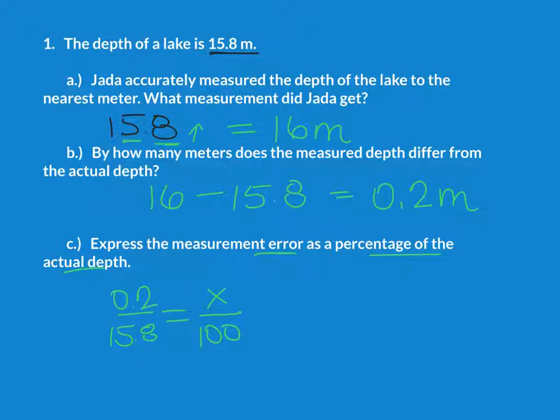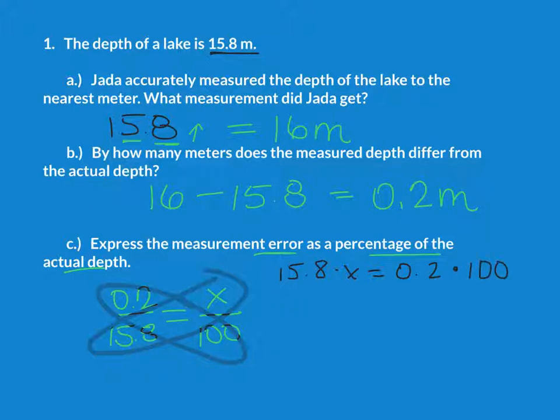So we know that we're going to cross multiply, of course. So that means we've got 15.8 times x, and that's equal to 2/10, or 0.2 times 100. 15.8 times x is 15.8x. 0.2 times 100 gives me 20.